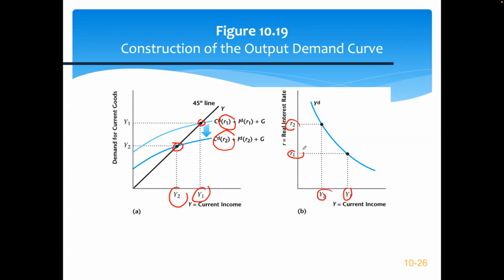So when we go in this direction, the GDP goes in this direction. So that's how we end up with this aggregate or output demand curve. This is in terms of interest rate. Right? So how interest rate change affects the aggregate output demand.